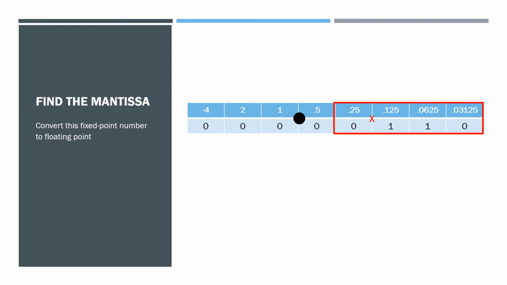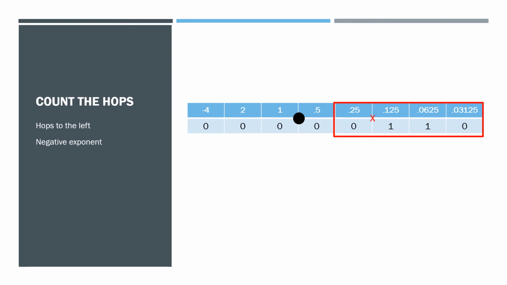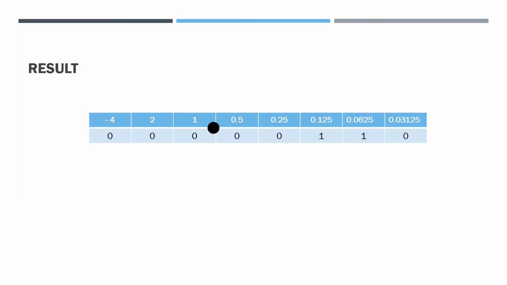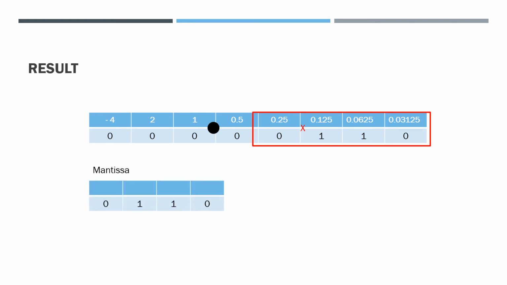How many hops to get back home? 1, 2. The hops were in the negative direction, and so the value of the exponent is -2. So as a result, this fixed point number has that mantissa, 0110, and here's the exponent, -2.